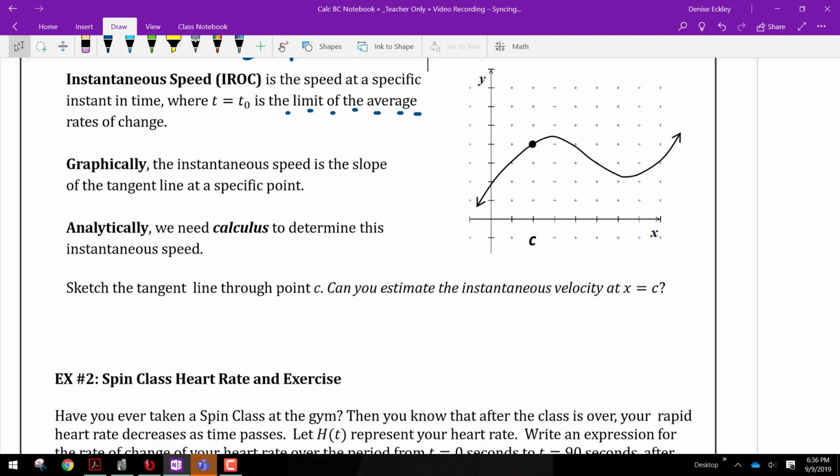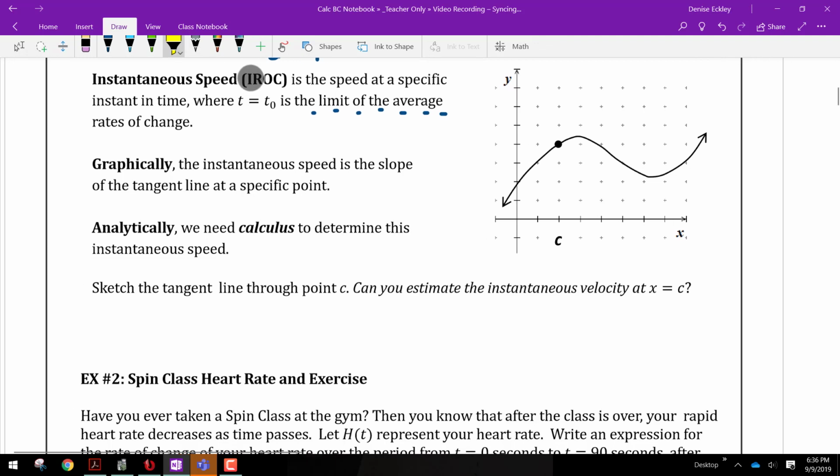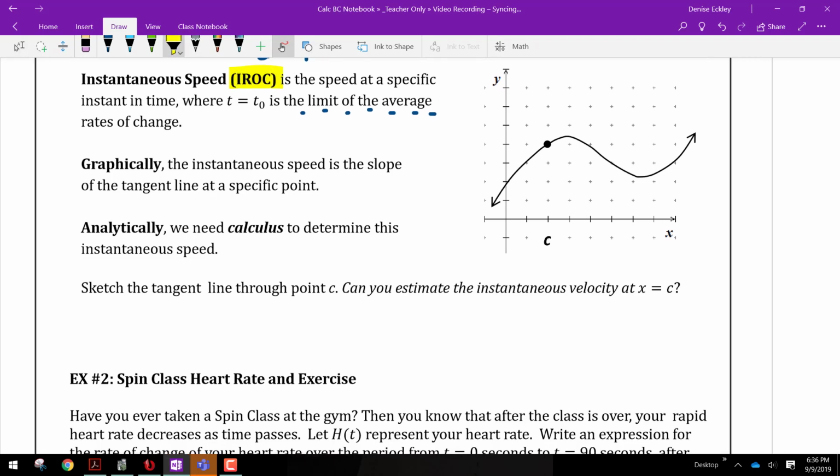Okay, so the other concept that we have is the instantaneous rate of speed, or the IROC, the instantaneous rate of change. So this is the speed at a specific instant in time, and it is the limit of the average rate of change. And like I said earlier, we're going to get into that more in the next section.